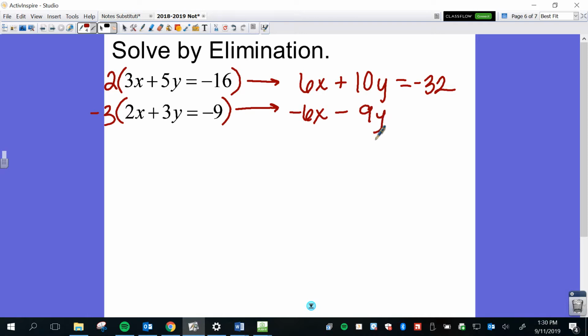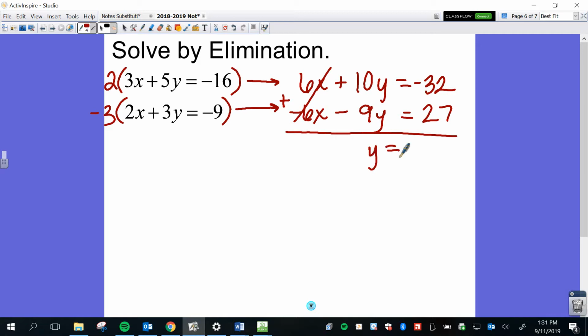Because negative 3 times 3 is negative 9. Equals, what's that number going to equal? Positive 27, because negative 3 times negative 9 is positive 27. Now we add them together, because now we have our 0 pair, right? Okay. X's cancel. 10 plus negative 9 is really like 10 minus 9, which is 1y.